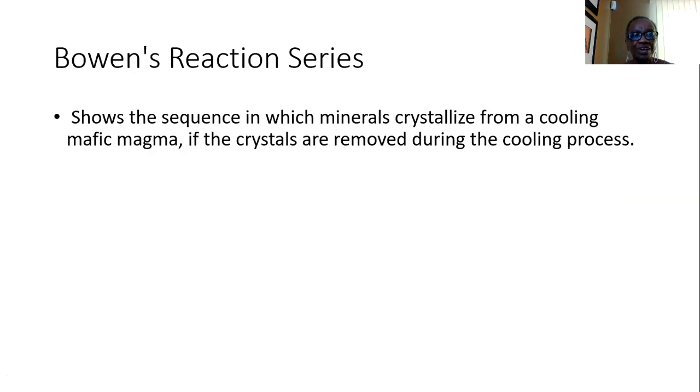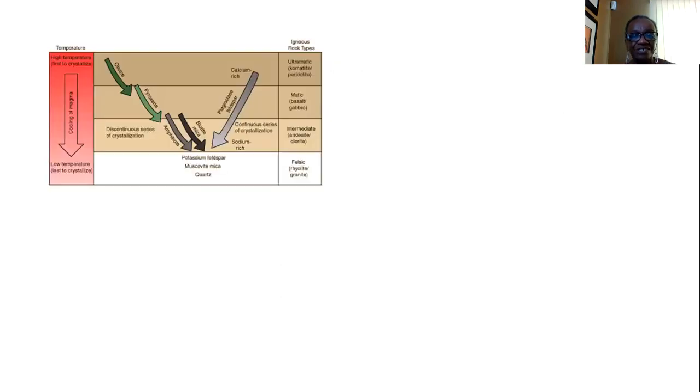All right, for Bowen's reaction series, when I show you the diagram that's next, you're going to remember having seen that in your textbook within chapter 3. That shows the sequence in which minerals crystallize from a cooling mafic magma if the crystals are removed during the cooling. Now let's look at that.